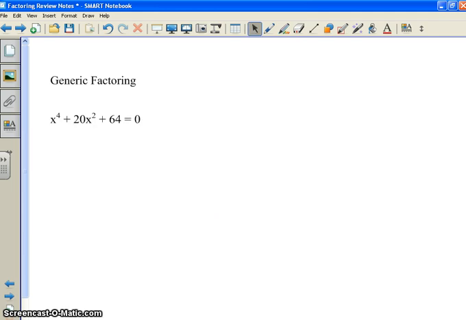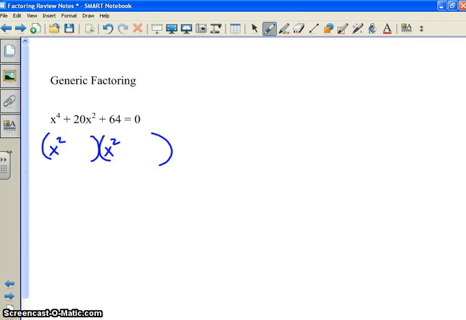So after our special situations of perfect squares or perfect cubes, then we get into generic factoring, which essentially is what you learned back in Algebra 1. This equation, x to the 4th plus 20x squared plus 64 equals 0. We can factor this. In the front, to make an x to the 4th, I'm going to need x squared and x squared.